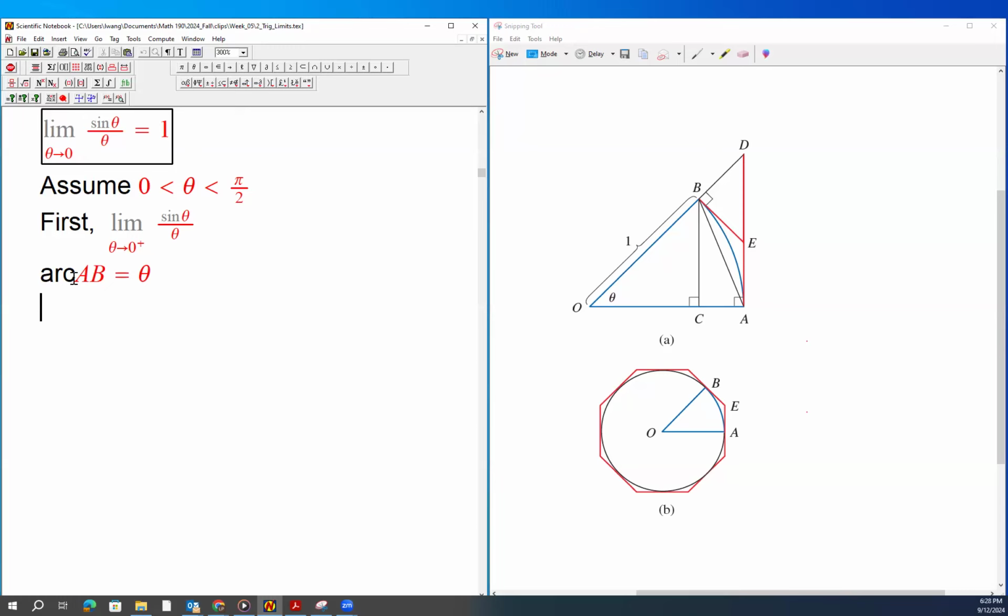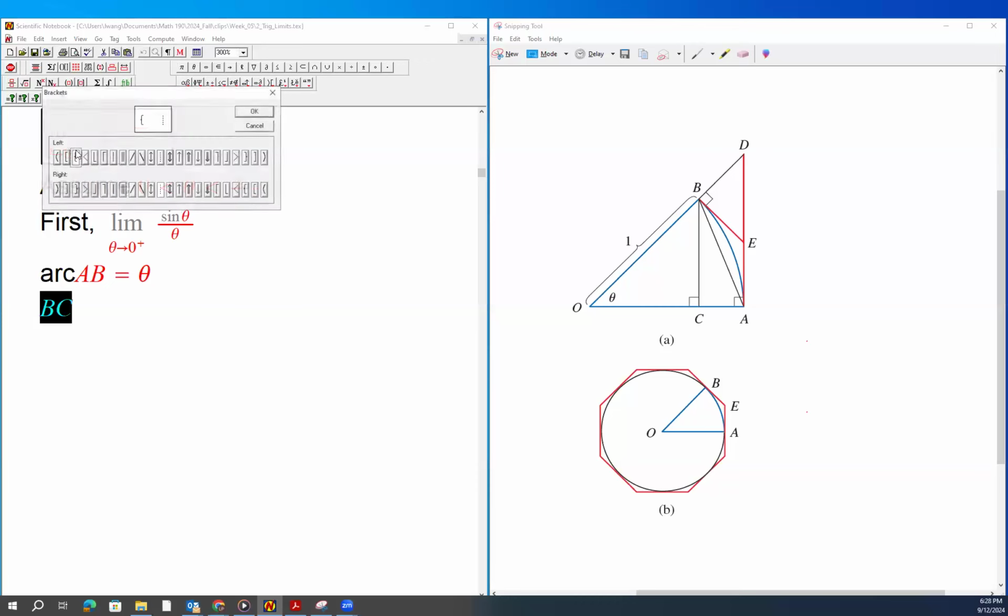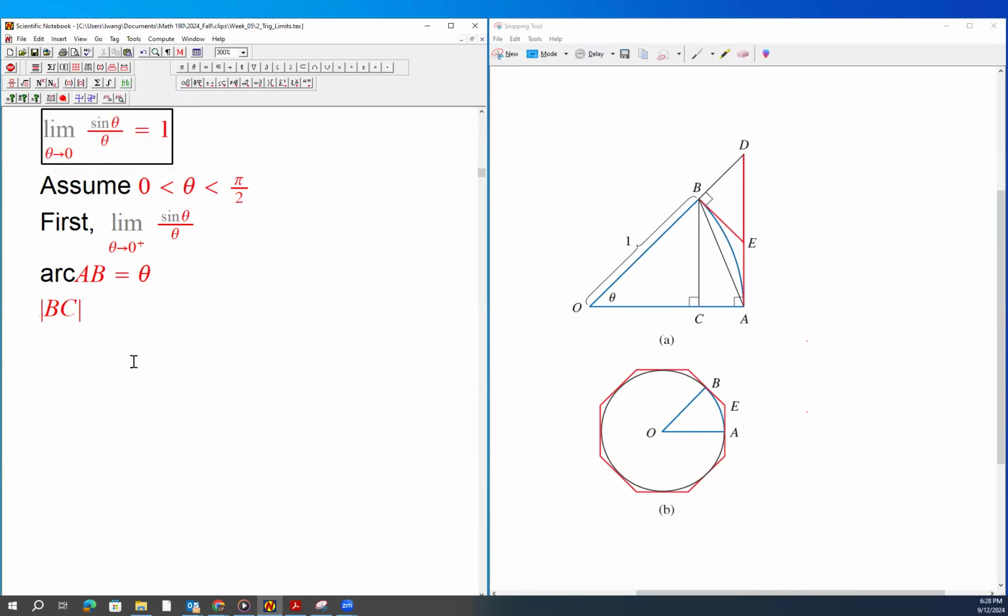Therefore, BC, meaning the length of this straight line, so we use this bar to mean length, not absolute value, BC is equal to OB multiply sine theta.